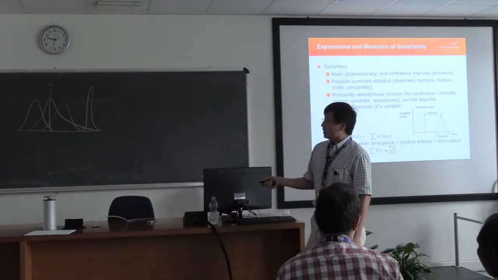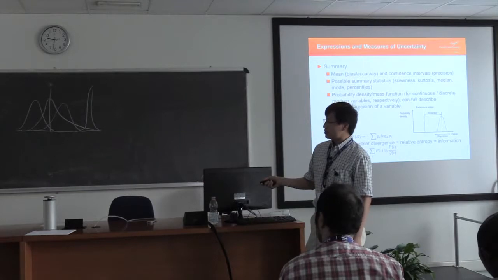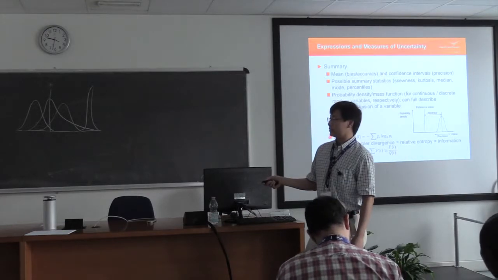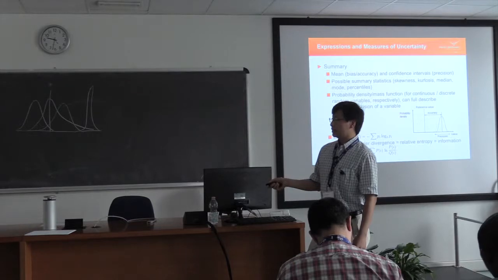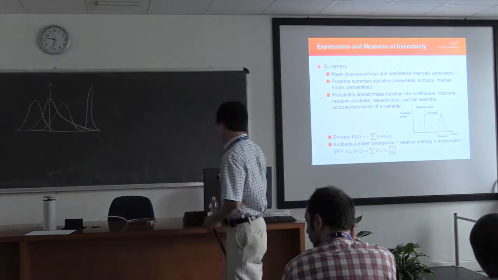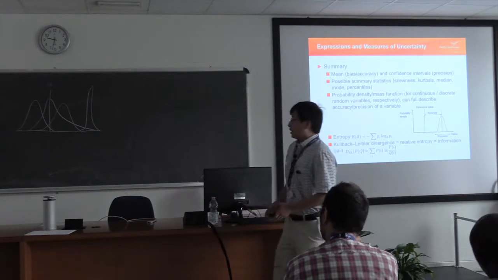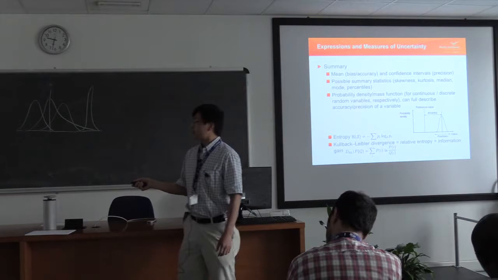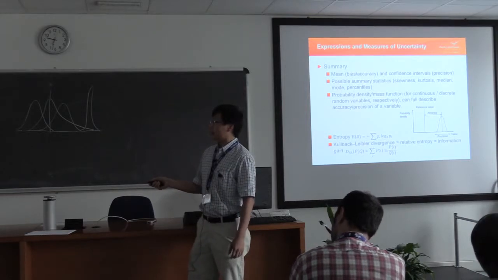So I have only one curve here. The distance between the actual value and your mode or mean is the accuracy, and the bandwidth or the precision width is the precision. All right, we have other possible summary statistics in practice.